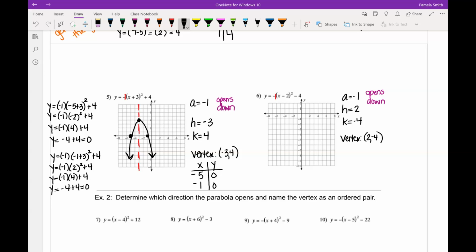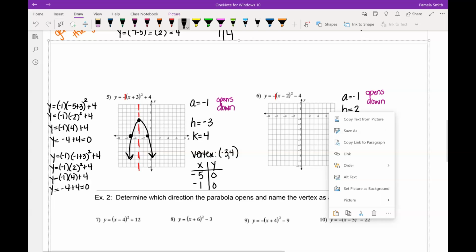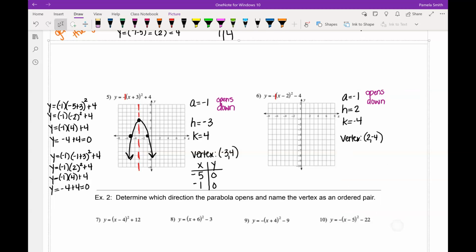So if I graph 2, negative 4 as my vertex, and again, that means I also know where my axis of symmetry is.